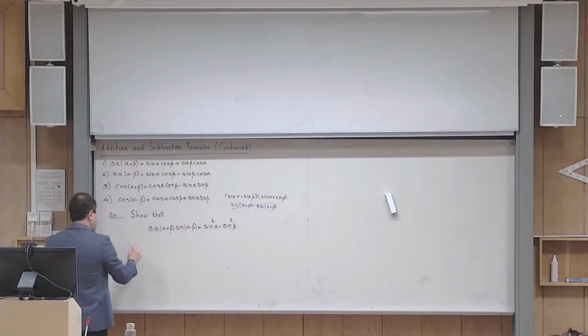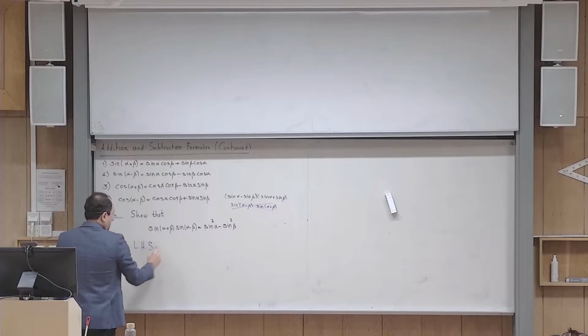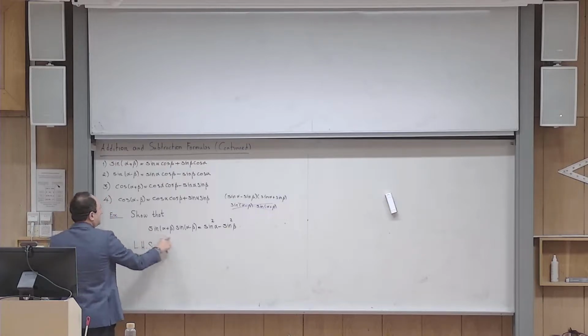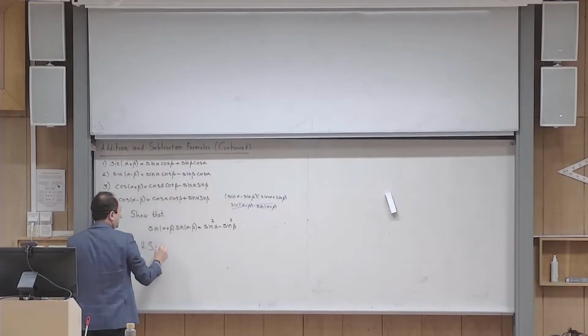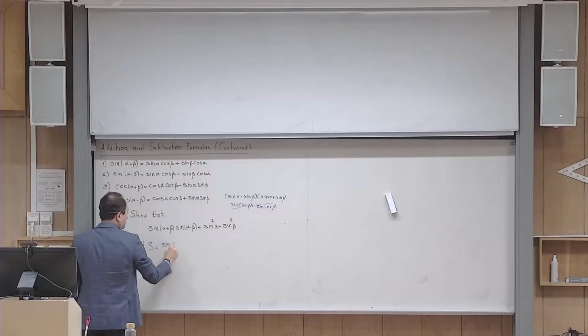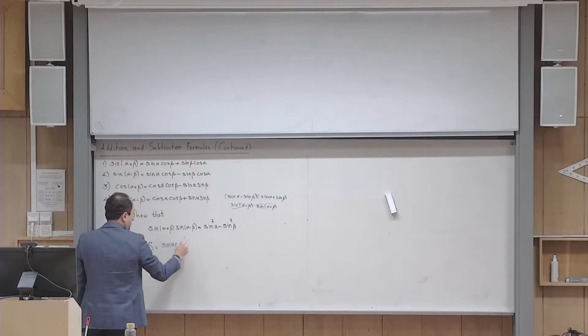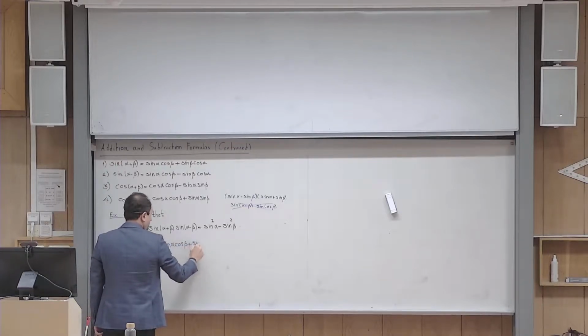So I will start from the left-hand side. I have this formula here, number one. I can replace this with the right-hand side of the formula, which is sine alpha cosine beta plus sine beta cosine alpha.